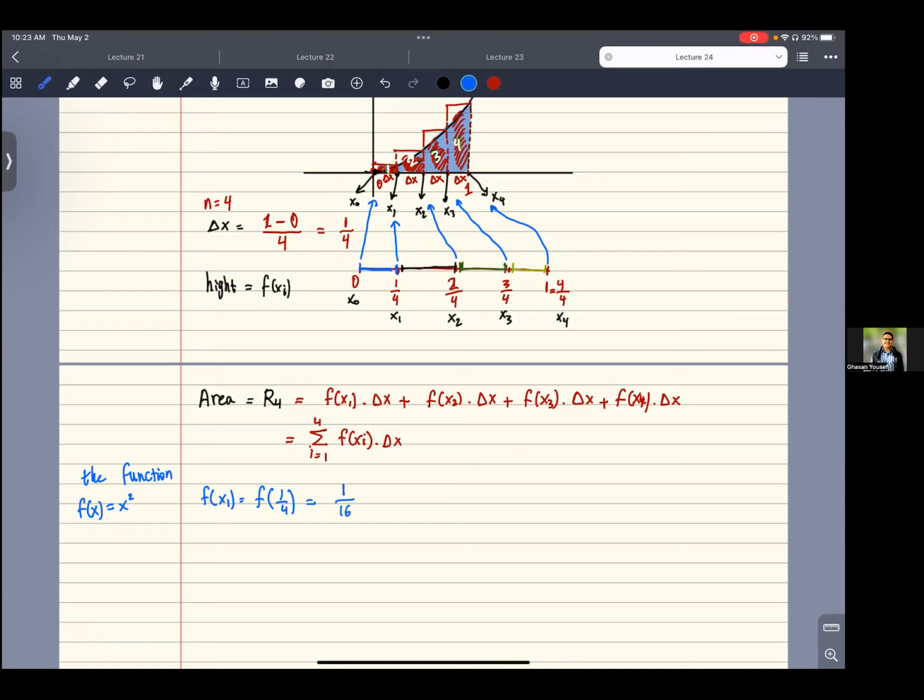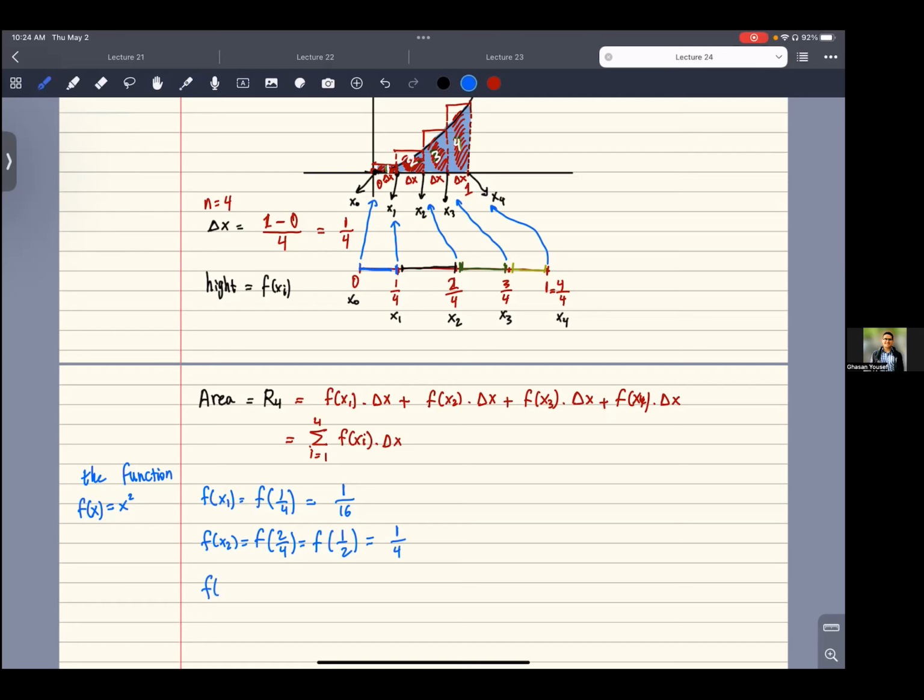Correct? Now, f of x2 is the same as f of 2 over 4, which is f of 1/2, correct? Plug the 1/2 inside the function, what do you get? 1/4.